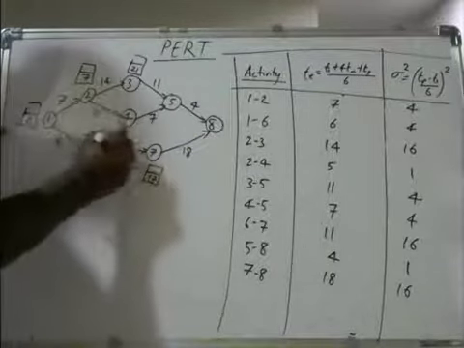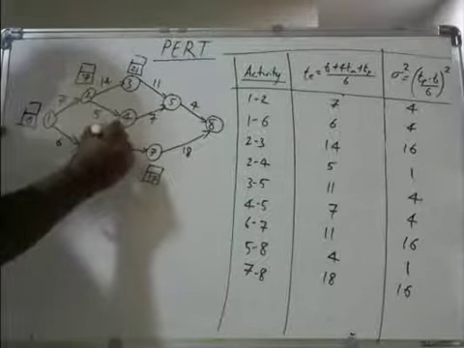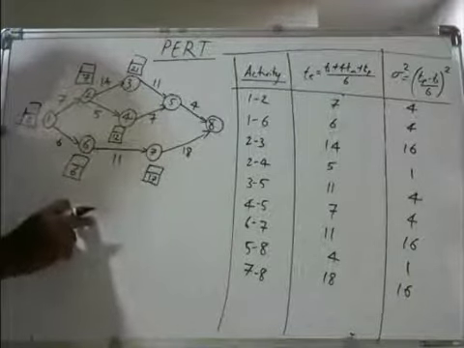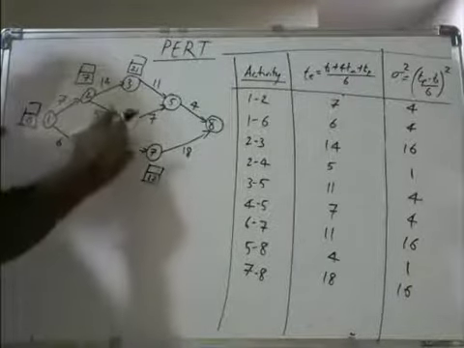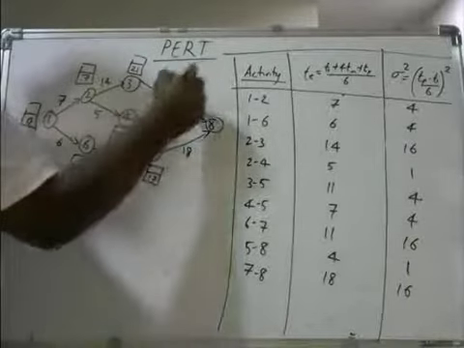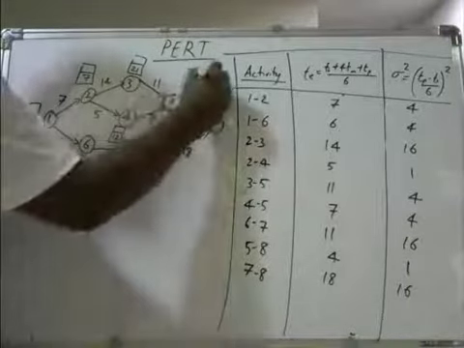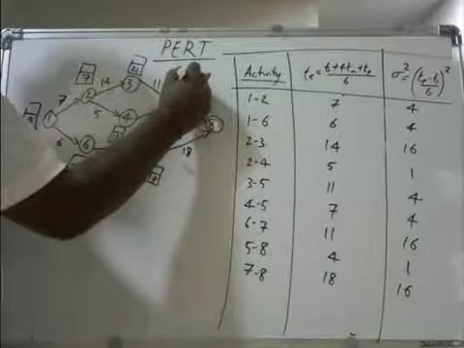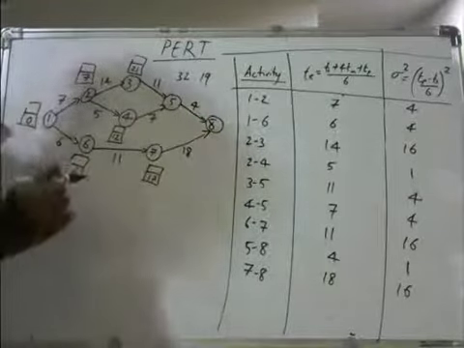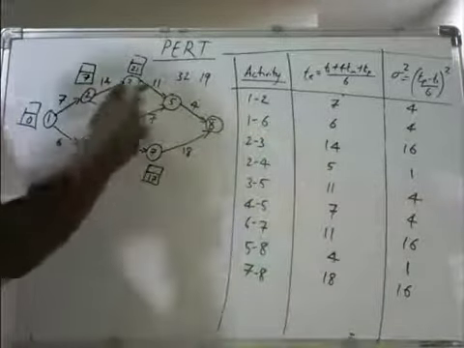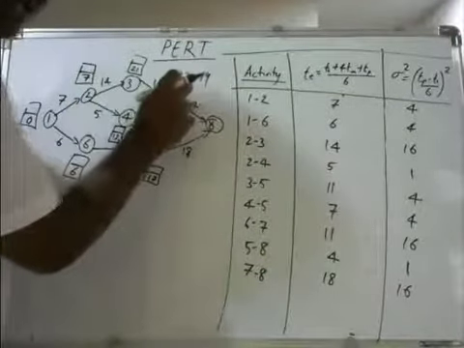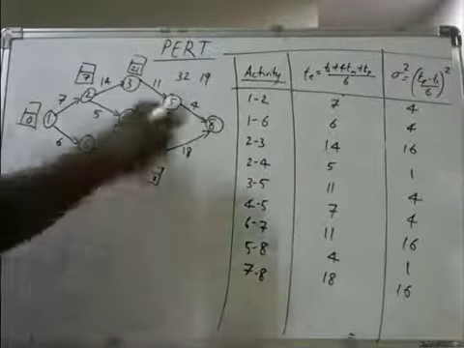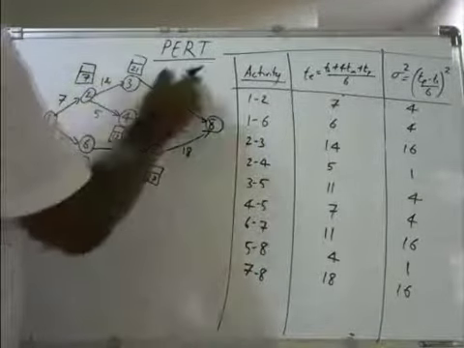Now from here, 7 plus 5 is 12. Now 12 plus 7 is 19 and 21 plus 11 is 32. Which one should you go for? Whichever is maximum, you need to take that. Between 19 and 32, you should take 32. So what I'm doing here is taking it as 32.